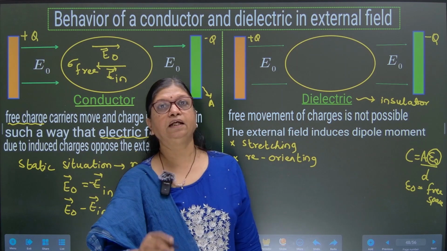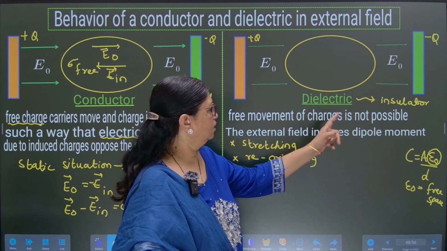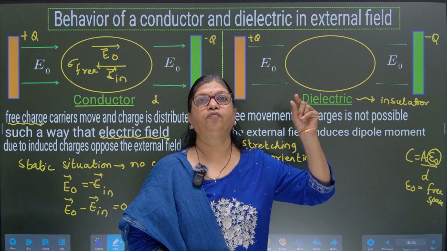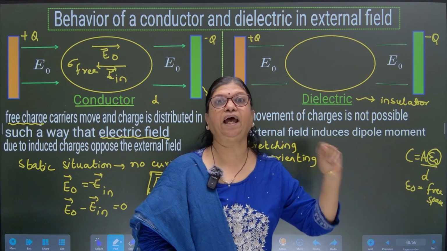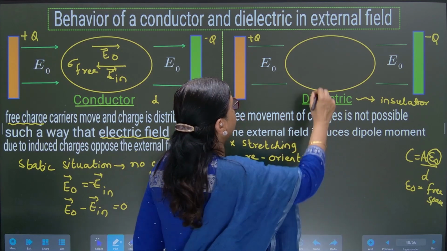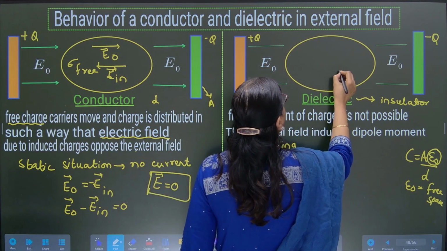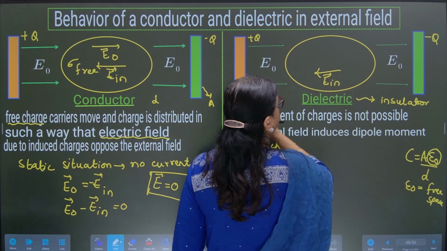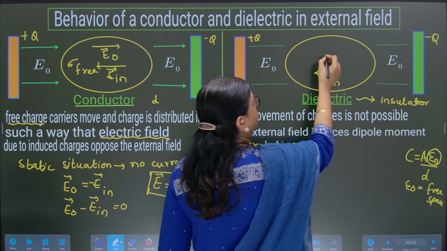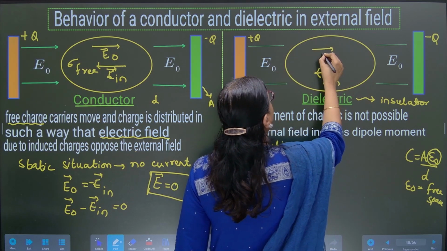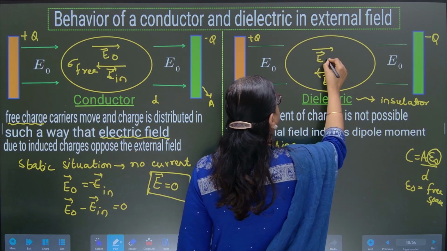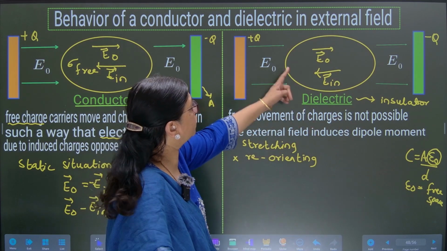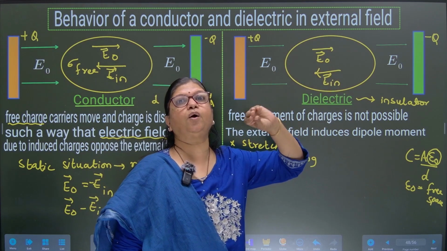Fine. These induced dipole moments will produce an electric field which can be denoted by E induced, which is in a direction opposite to the original electric field or the electric field outside. Okay, so you can see the directions are opposite.